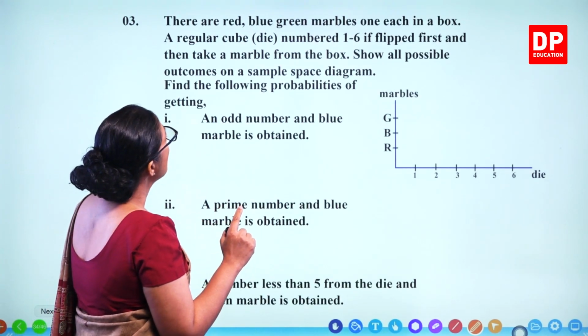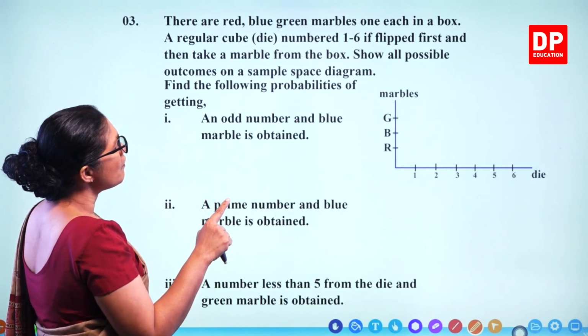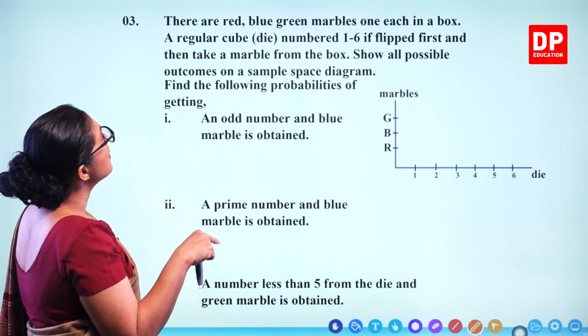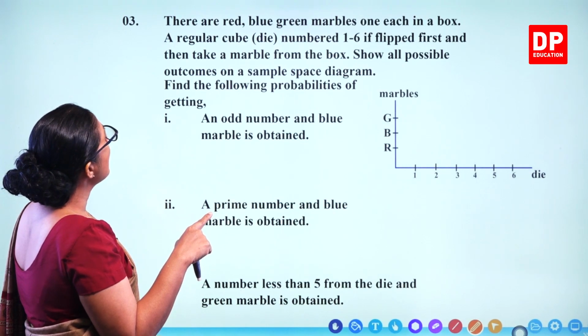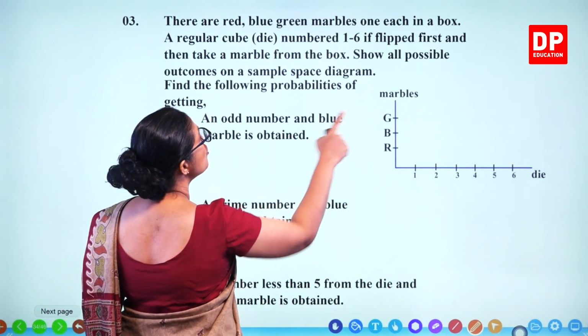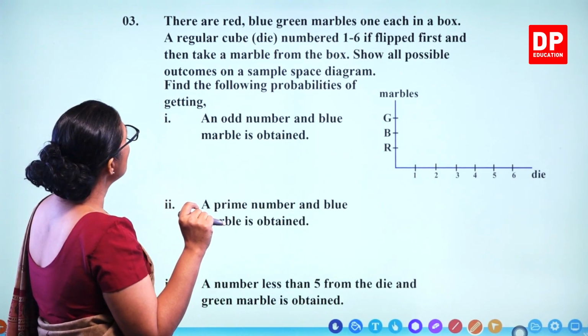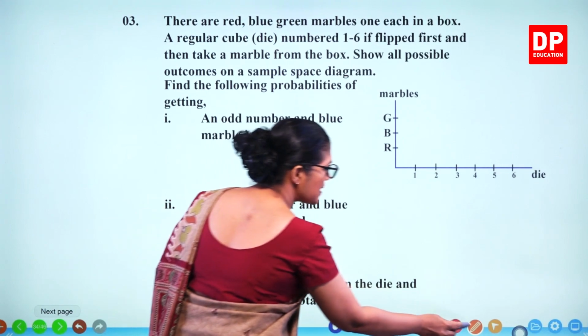So what are the outcomes? It says 1 to 6. 1, 2, 3, 4, 5, 6. And the colors here, you get red, blue, green, RBG. 1 from each. So you can get all possibilities.